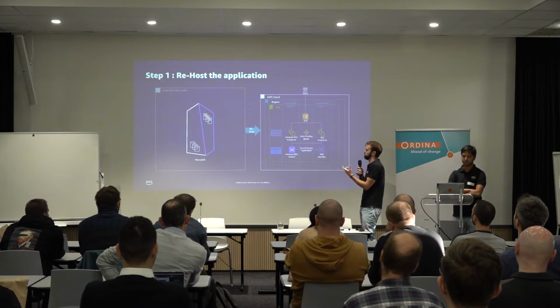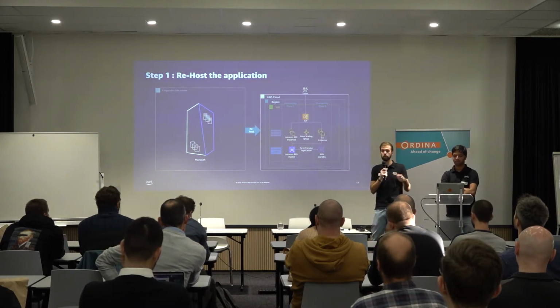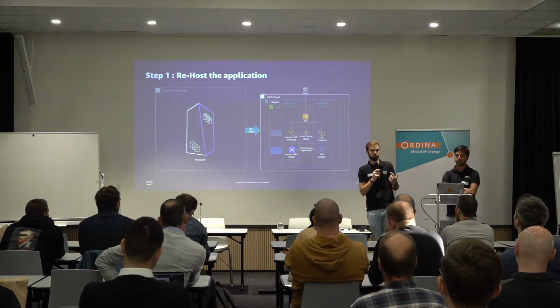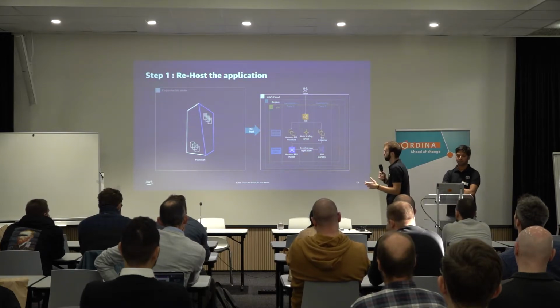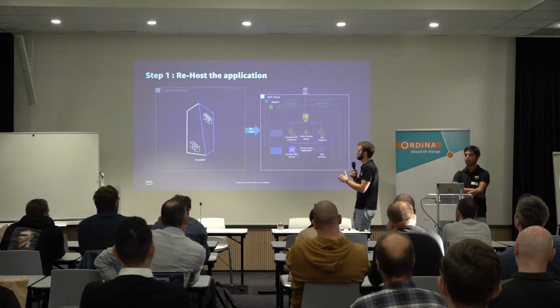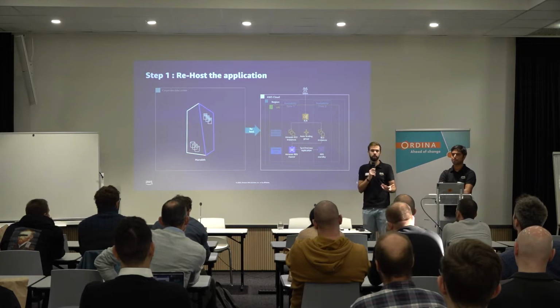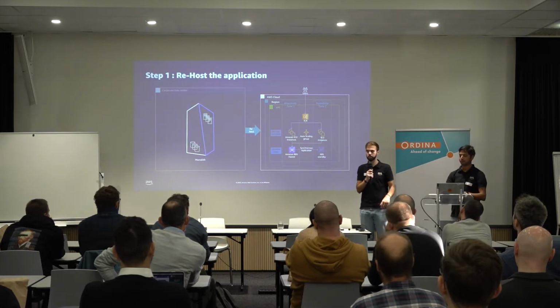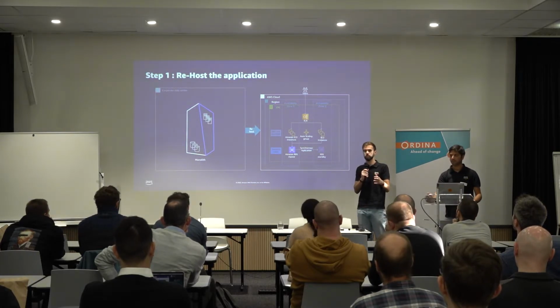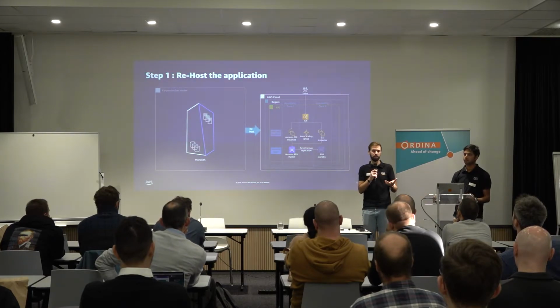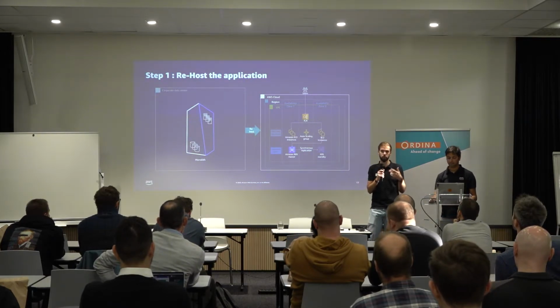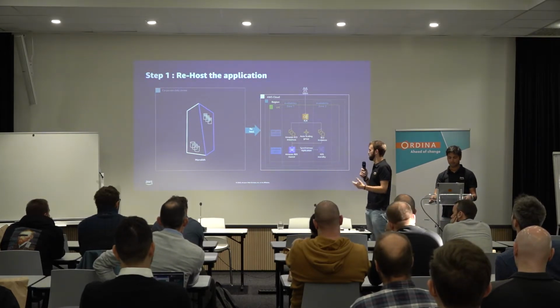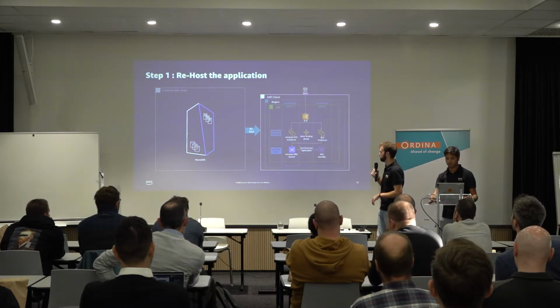So you already have a first move that is not only a rehost to the cloud with everything on virtual machines, but also using a managed service like RDS, which is our relational database service, where Amazon starts taking care of some of the heavy lifting of patching the system and building the database from scratch.